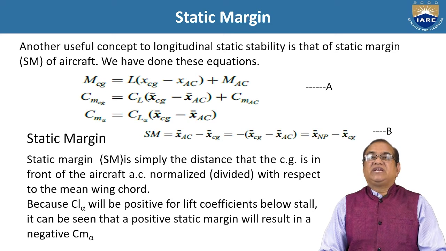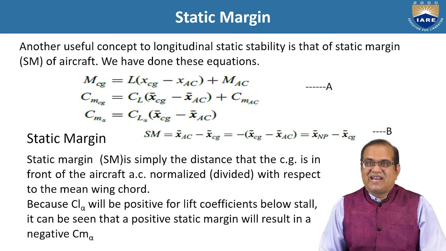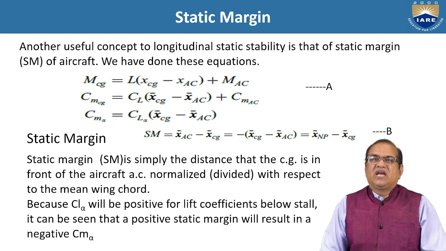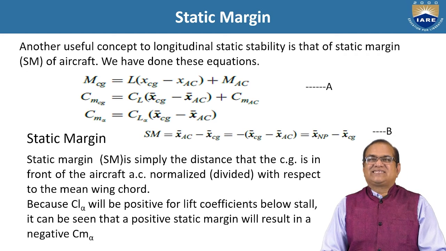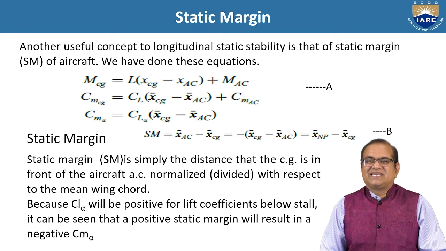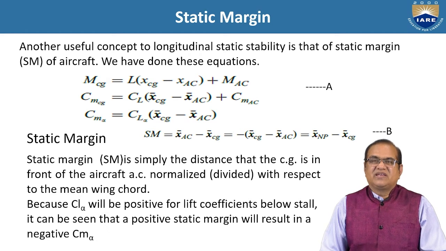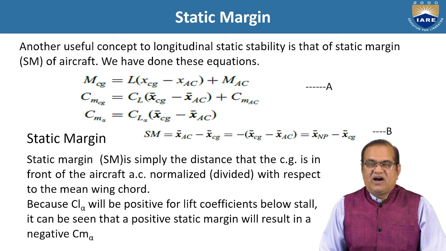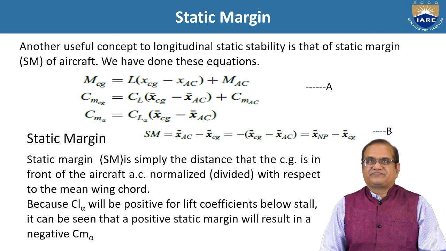CMCG, if we divide this by half rho v square S c bar, we will get CL times x bar CG minus x bar AC plus CM AC, and CM alpha is equal to CL alpha times x bar CG minus x bar AC.